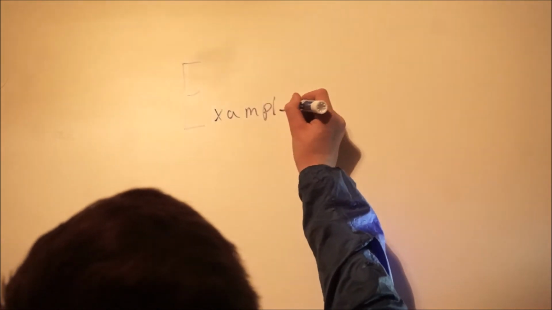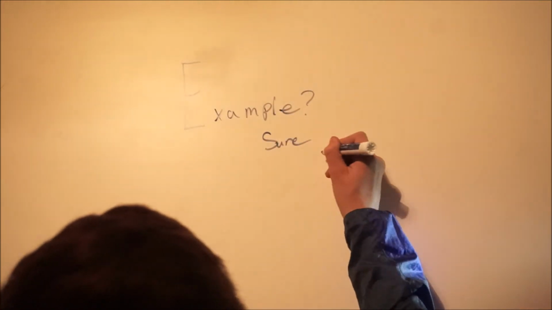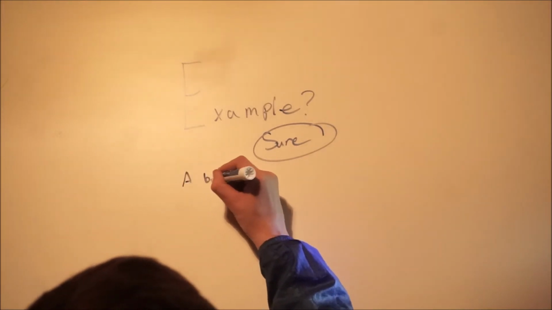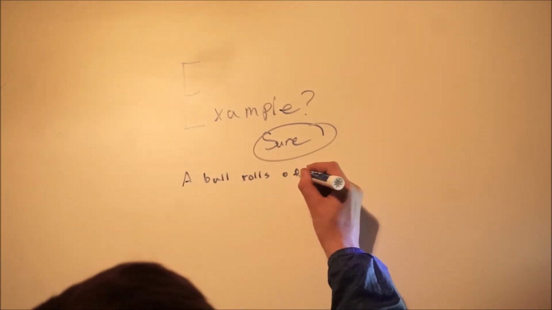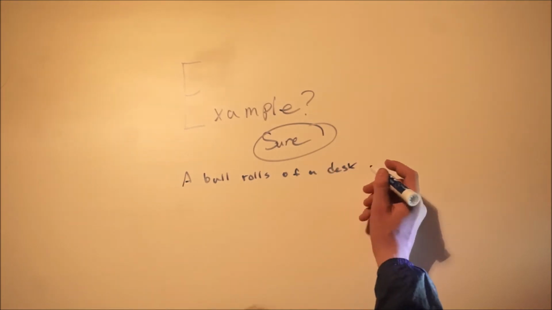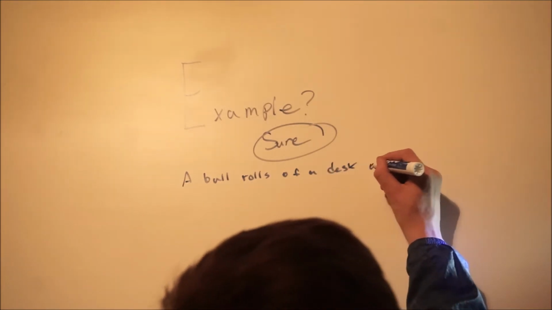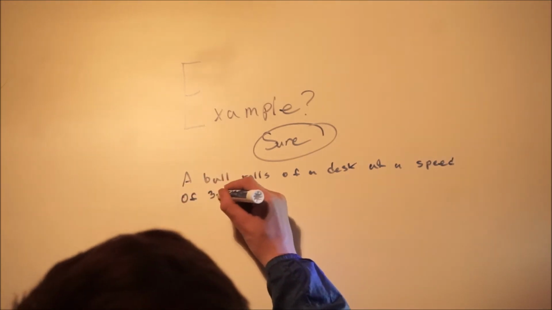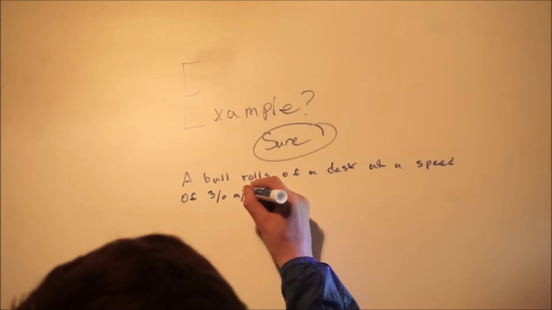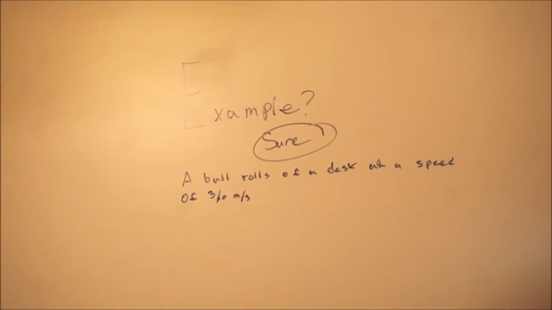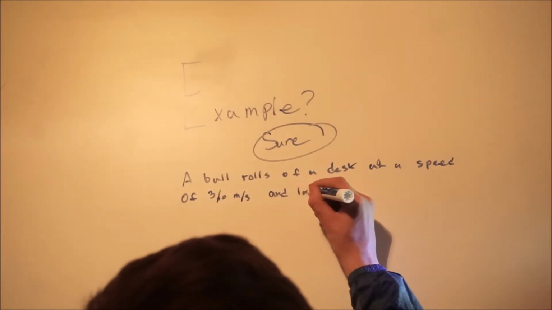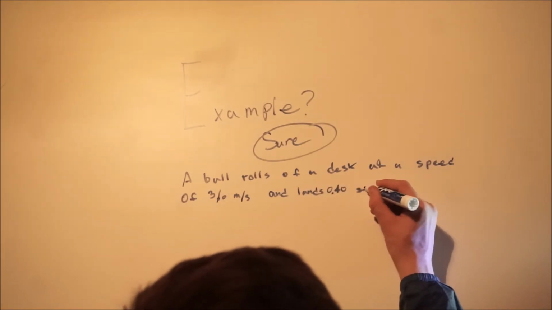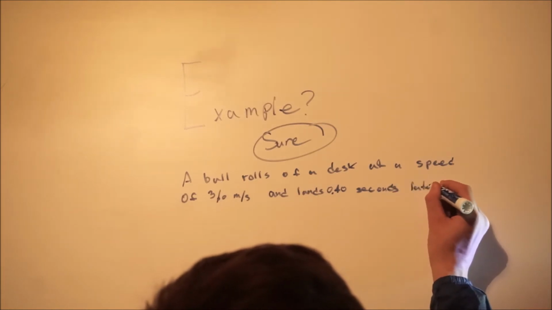Example? Sure. Let's say a ball rolls off a table or desk at a speed of, let's say, 3 meters a second, and then it takes about 0.4 seconds to hit the ground.